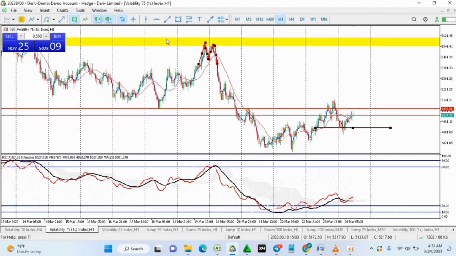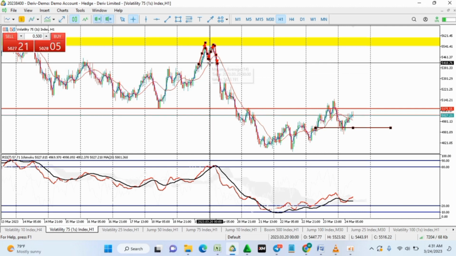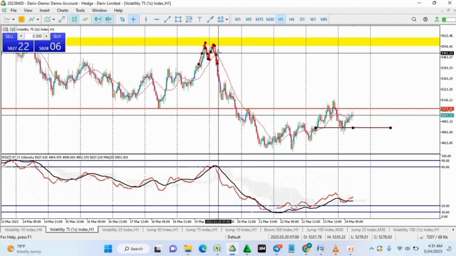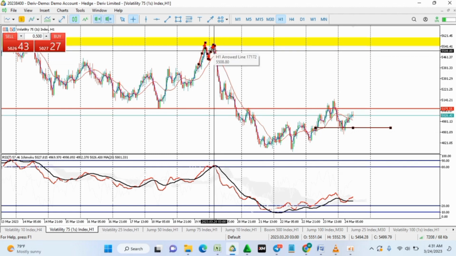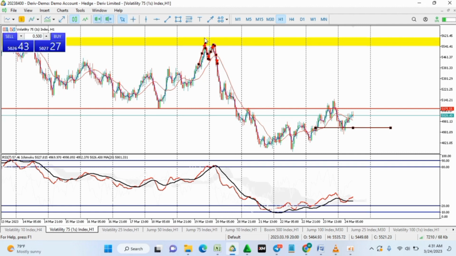Look at the magic, guys, here. So when price has formed a double top or M pattern, look what is happening here, and look where price is. Once it is forming the second leg, you can immediately enter, place your stop loss above. Okay, so let me show you another example.